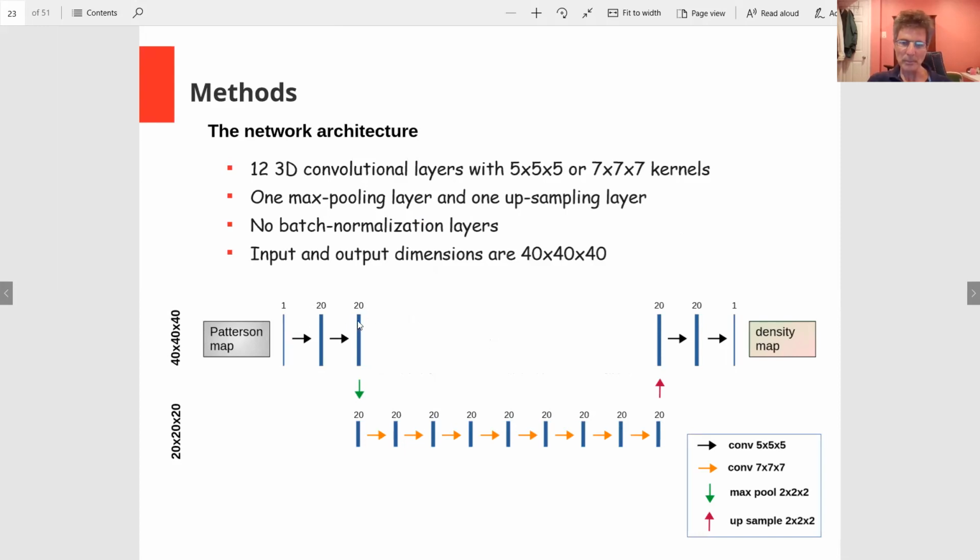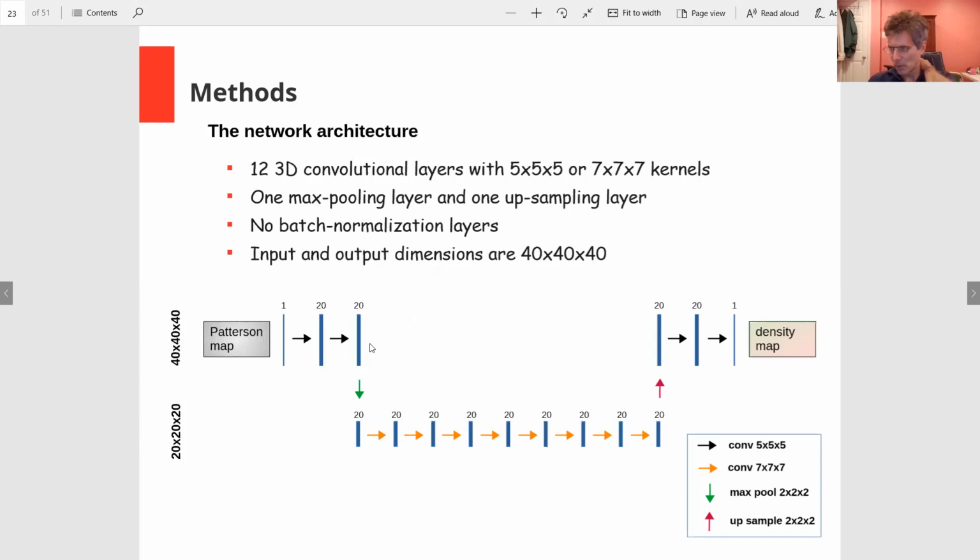So these horizontal arrows represent convolutional layers. The down arrow is a down sampling layer, in this case a max pooling layer, which reduces the number of pixels from the original number, 40 by 40 by 40 in my case, down to 20 by 20 by 20 pixels.